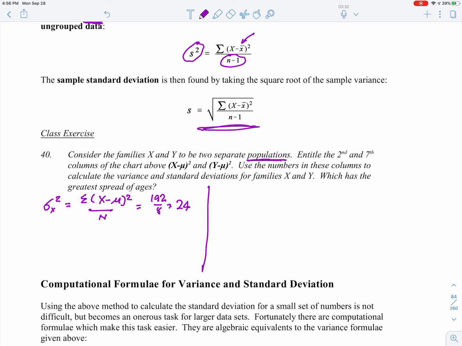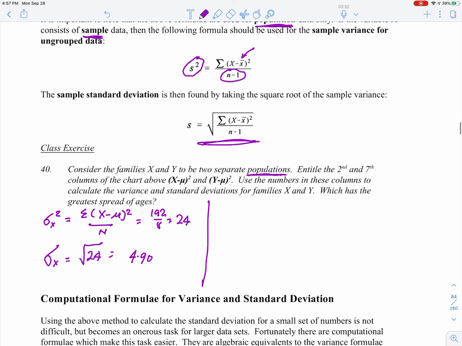So the variance is 24. And then the last thing that we're going to do here is take the square root of that. So the standard deviation is equal to the square root of 24, which is about 4.90.